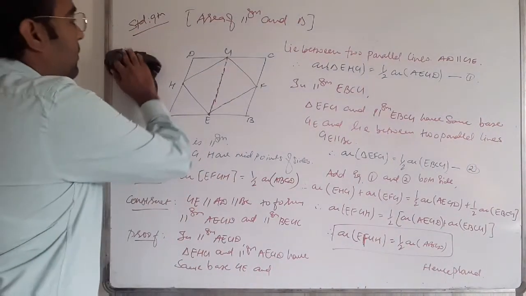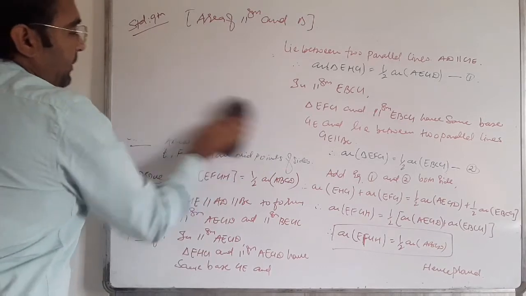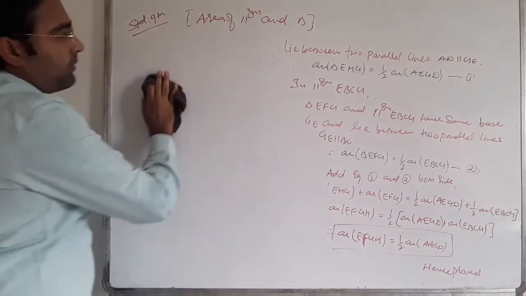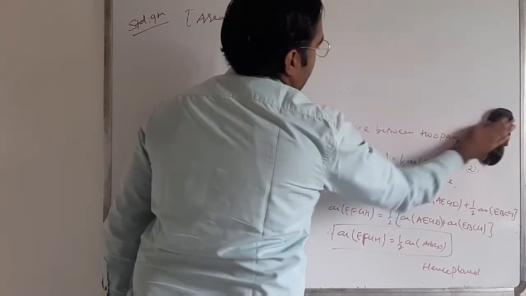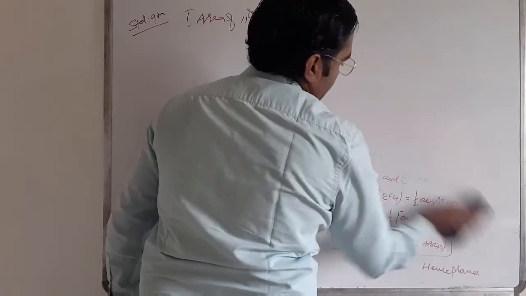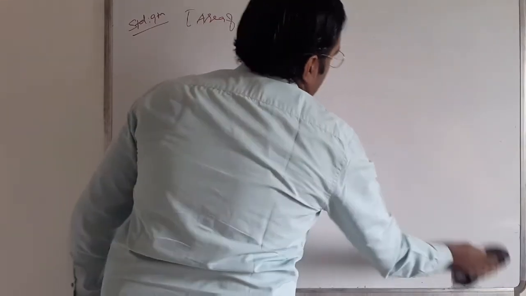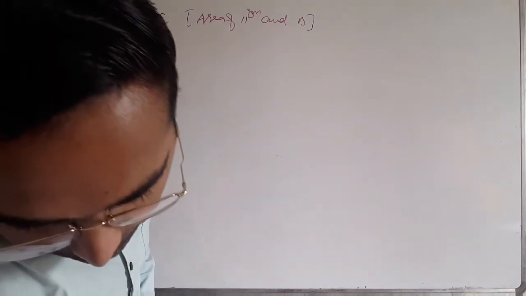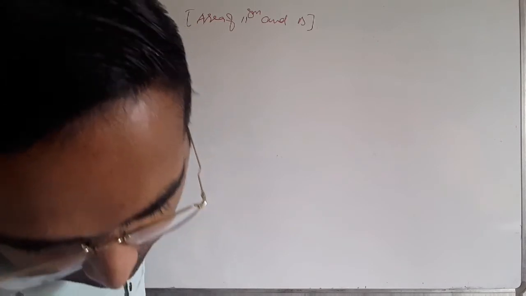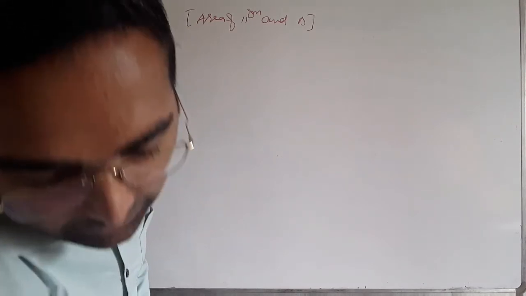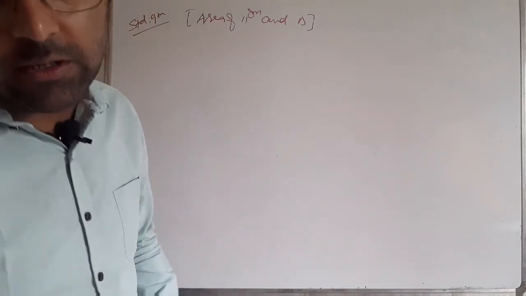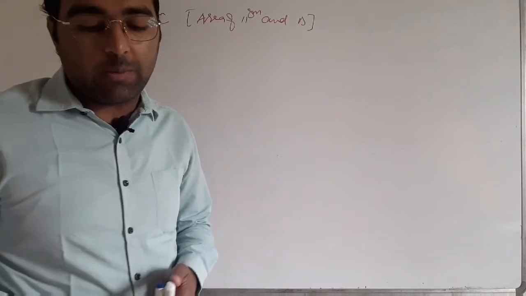Clear? Okay. Now we are moving to question number 3. P and Q are any points lying on the sides CD and AD respectively of the parallelogram ABCD.